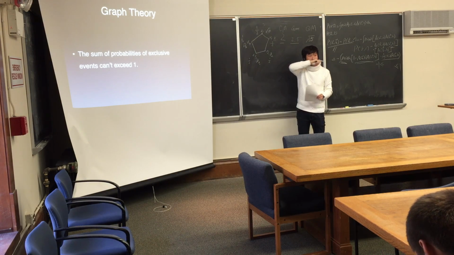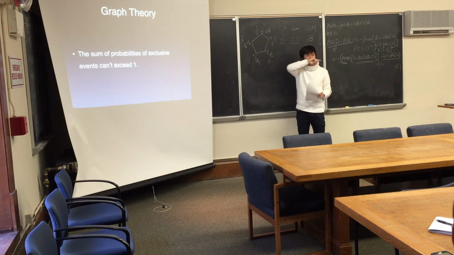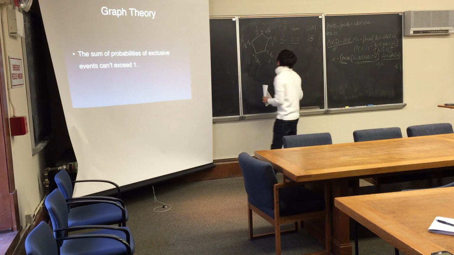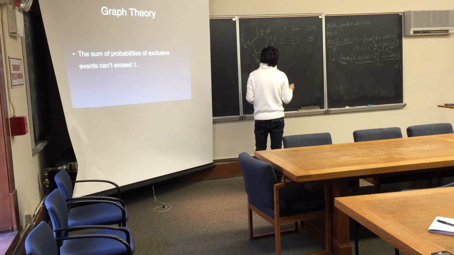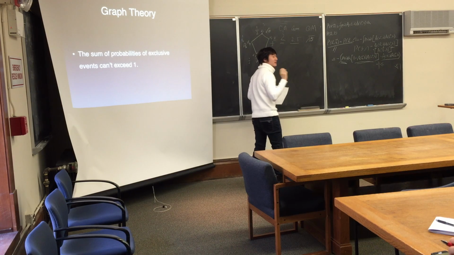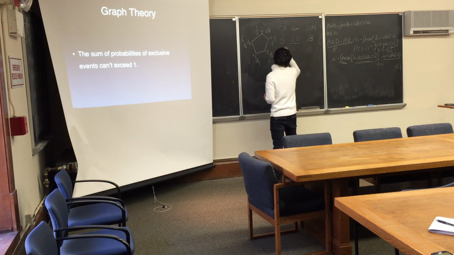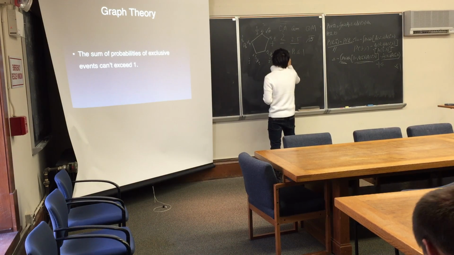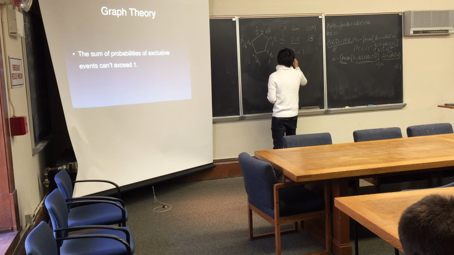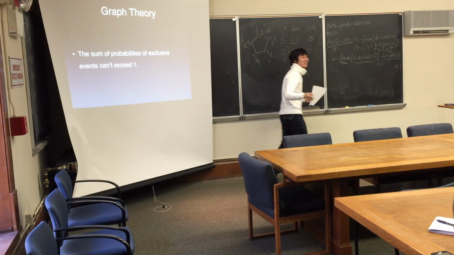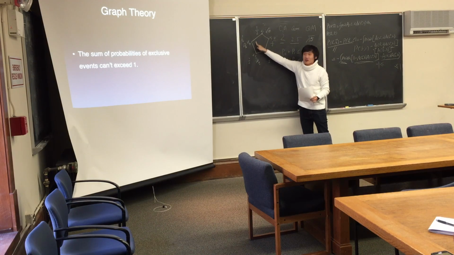He's asking us, what's the largest number you can get for the sum of all these probabilities? Yeah, less than or equal, that's what I meant. And so on, as long as there's a line.